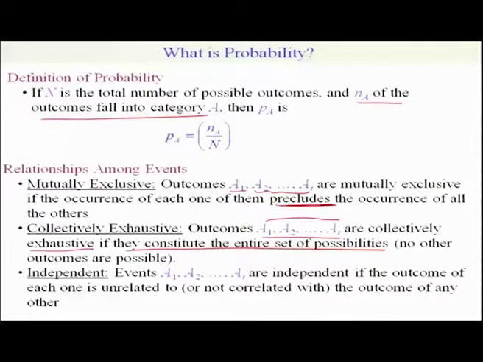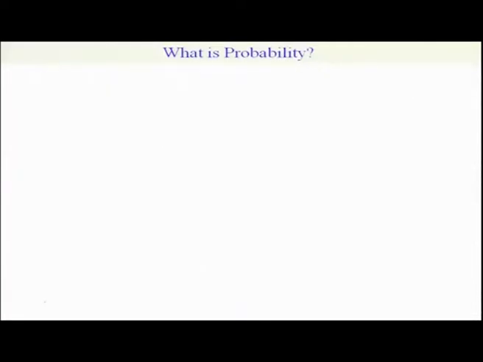In addition, we can have independent events. These are called independent if the outcome of each one is unrelated to or not correlated with the outcome of any other. So, these are the possible relationships between events: mutually exclusive, collectively exhaustive, independent, and of course, they could be dependent events also.